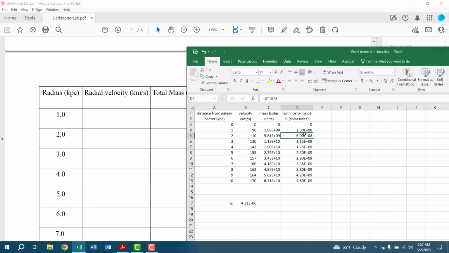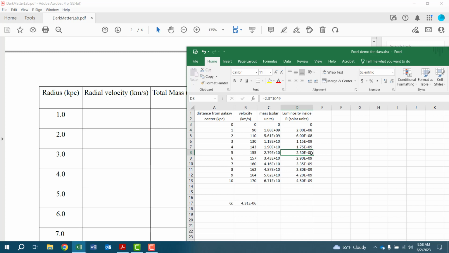What are these numbers telling us? For instance here, at a distance of 5 kiloparsecs, and that's something like 15,000 light years from the center of the galaxy, within that distance there are about 2.3 billion suns' worth of light.